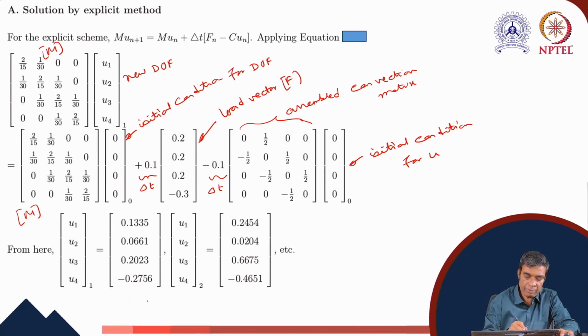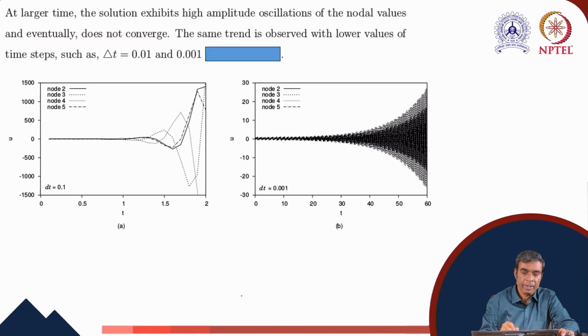Then using the first level solution, we get the second level solution, and then here after large number of calculations, it is eventually found that these solutions, they diverge. So we have shown the divergence of the solutions below in two pictures for two different time step size. So here we have taken dt equals to 0.1 at all four unknown nodes. Then we find that the degrees of freedom, they are showing divergence.